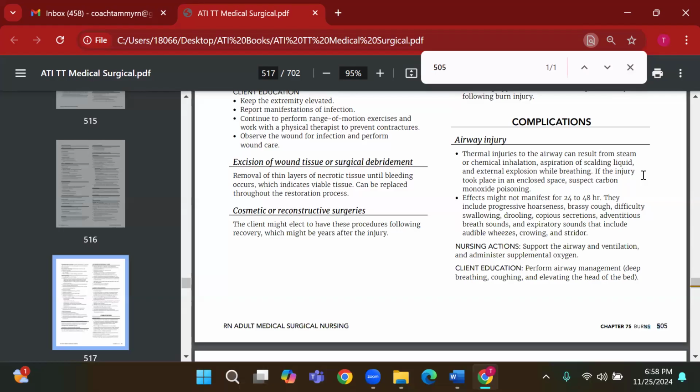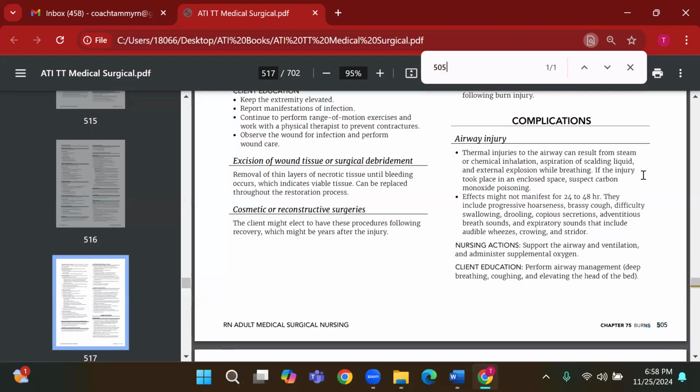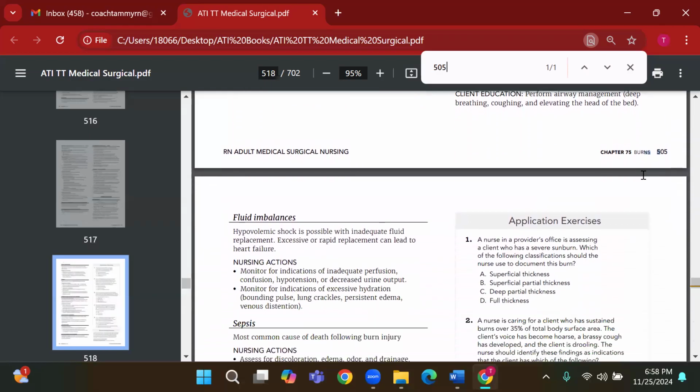They may say their oxygen level is 95, but you've got to check carboxyhemoglobin, which is a blood test to detect the carbon monoxide, and it says if it's greater than 10, they have carbon monoxide poisoning. Effects might not manifest for up to 24 to 48 hours. Then you might see edema in the airway, like hoarseness, a brassy cough, difficulty swallowing, drooling, secretions, maybe some adventitious breath sounds like stridor and wheezes. So we've got to do airway management.